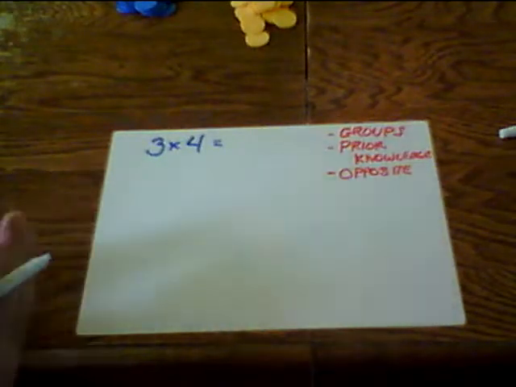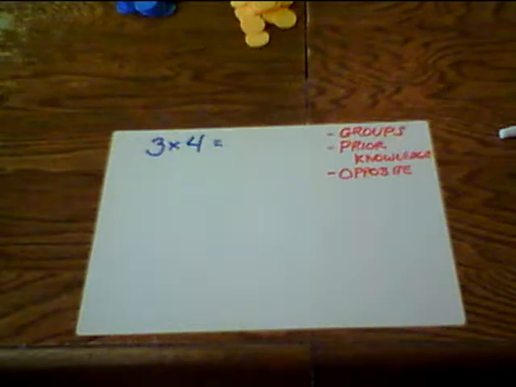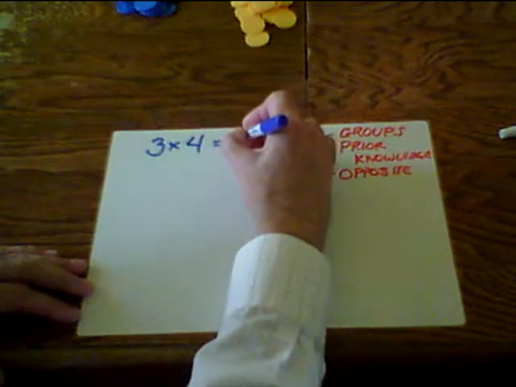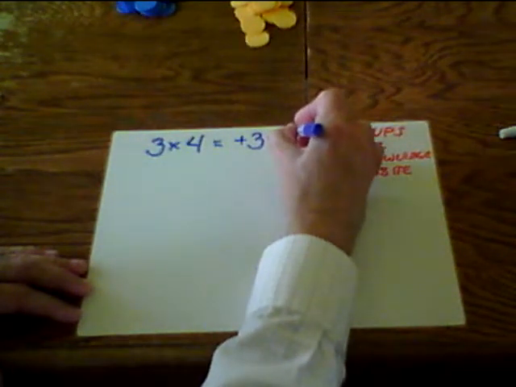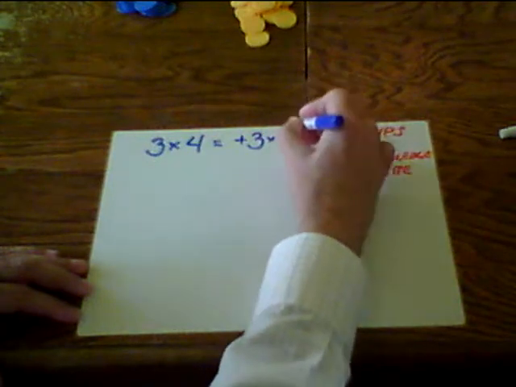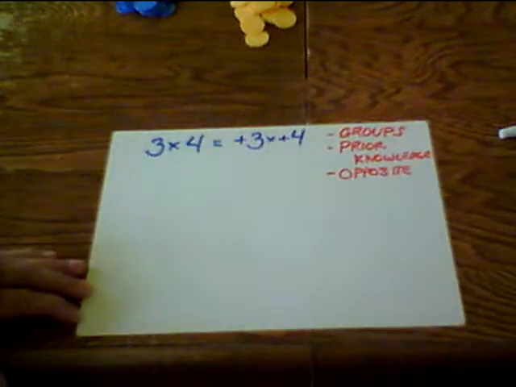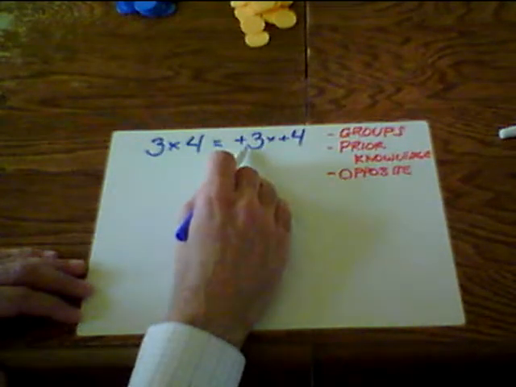Kind of translating that body of knowledge into this new system of pluses and minuses. What we really want them to tell us is that this is the same thing as positive 3 times positive 4, because these are both positive numbers. We can write a positive number like this or like this.